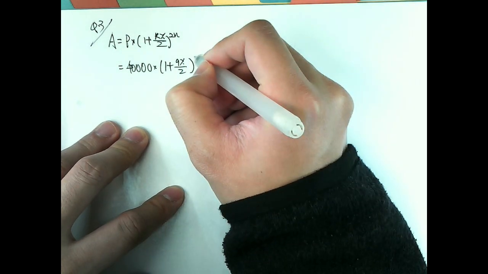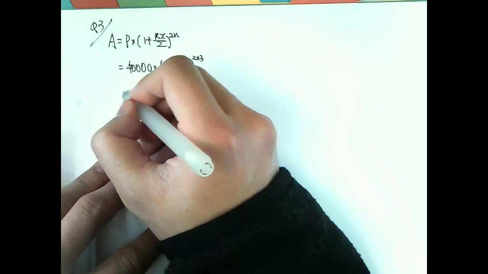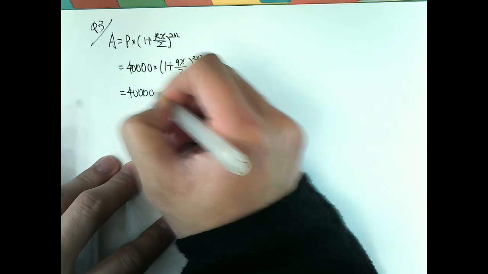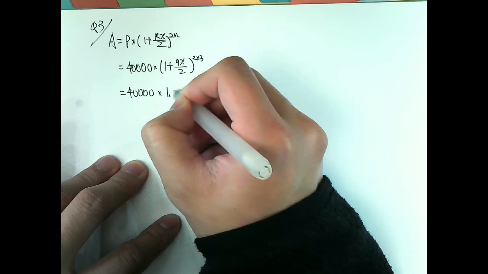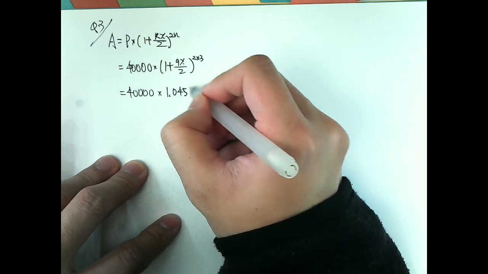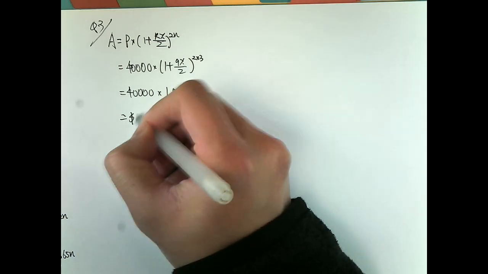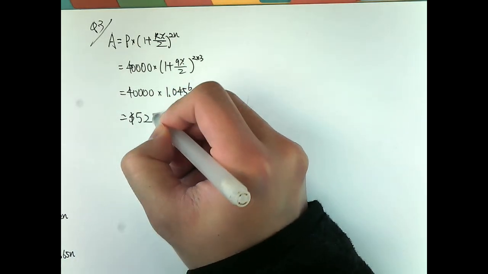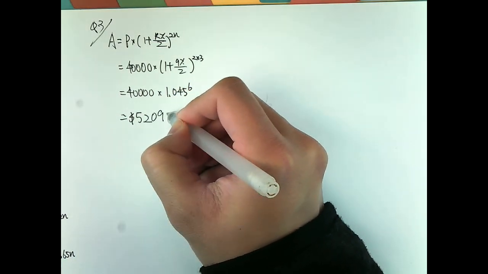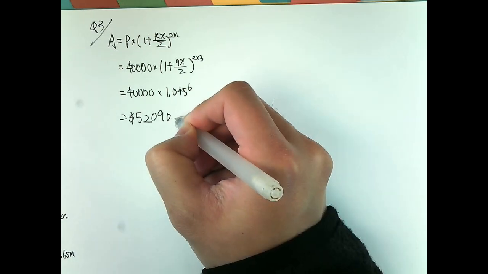So 3 years is 2 times 3 above here. So it should be 1.045 to the power 6. Then you go to your calculator. So the total amount would be 52,090.